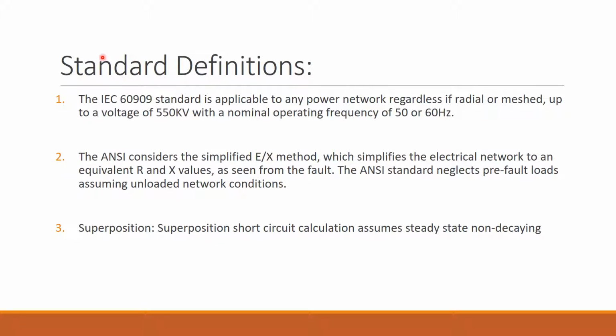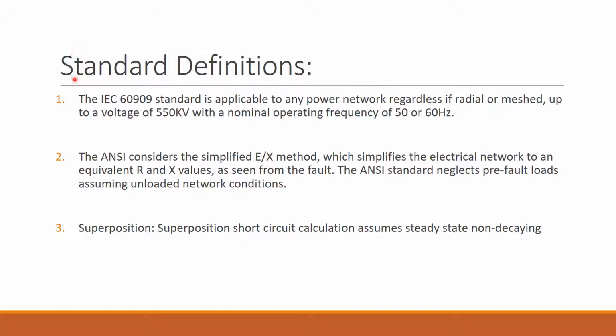So the standard definitions for these standards, and I think it is vital, prior to bringing any expanded calculations, to define what we're actually talking about, or the different system standards that have been implemented depending on the region.